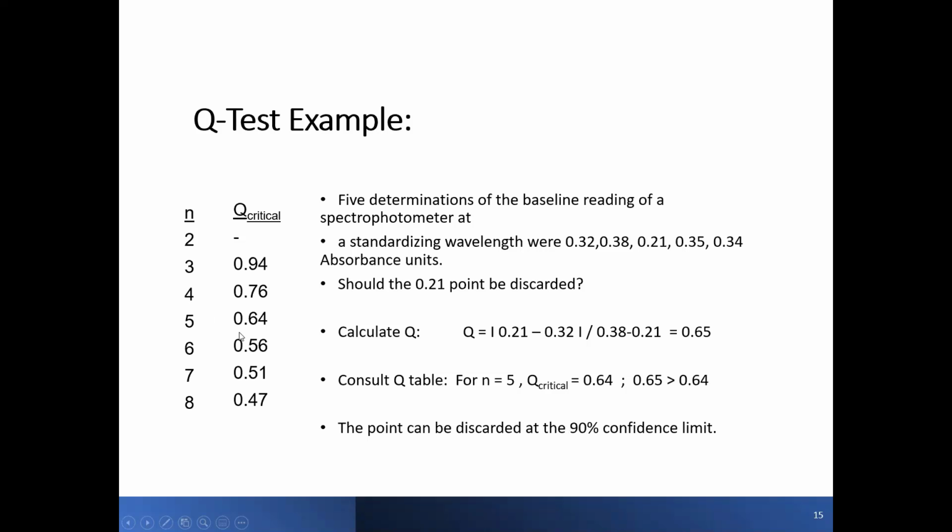This one is for the 90% confidence limit, so we can say the point can be discarded at the 90% confidence level. This is how we handle it when we find an outlier, if we suspect there may be a systematic error but we don't have a clue from our lab notebook.